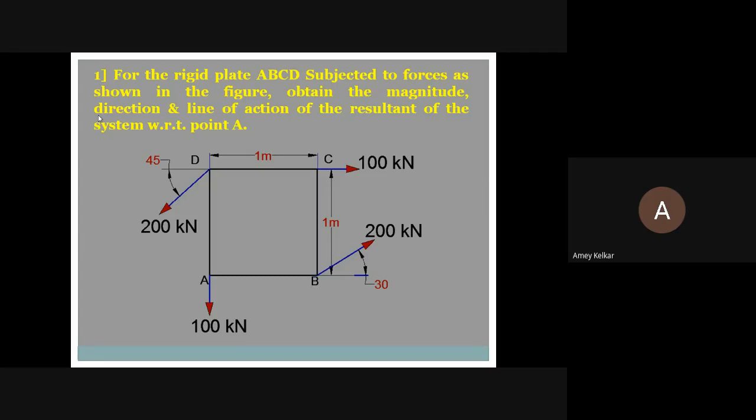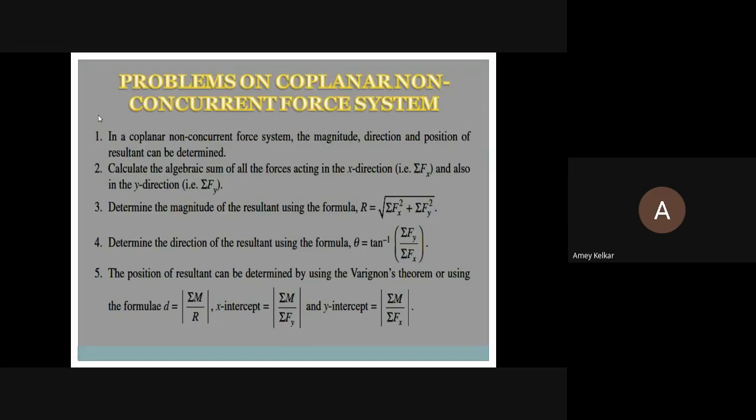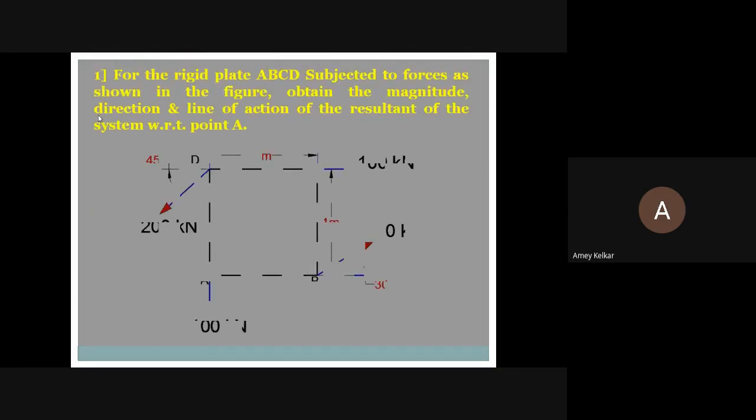The first part will be the same, as discussed. We have to find summation Fx, summation Fy, the resultant, and theta. In these examples, these first four steps should be done very fast, because we have practiced.